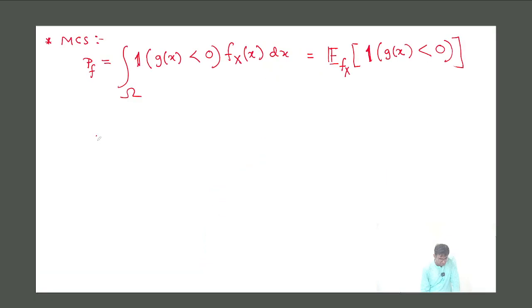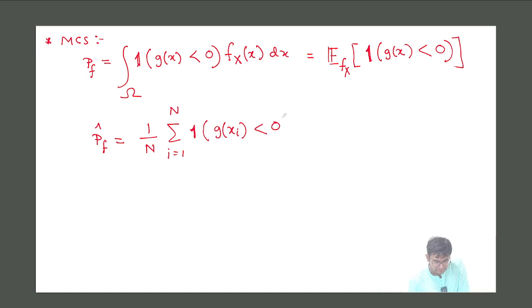And from here we said yesterday that P f hat is equal to 1 by n summation i equal to 1 to n of the indicator function g of x i less than 0, where your x i is sampled from f x of x, the PDF of x.